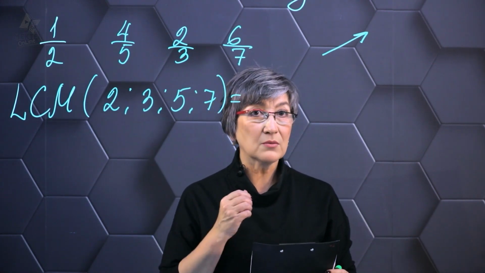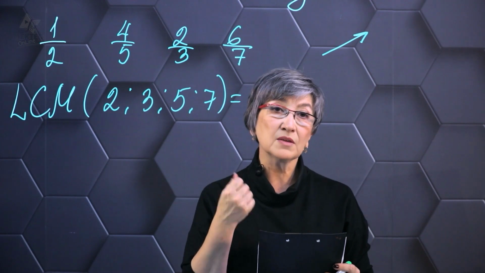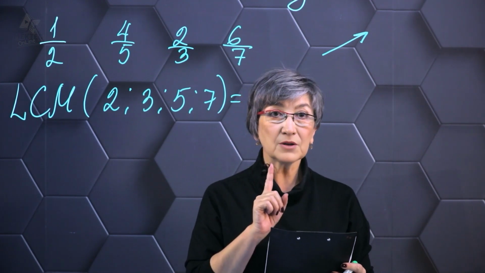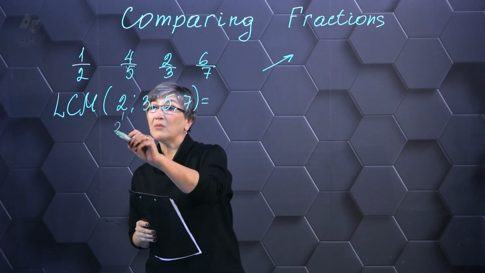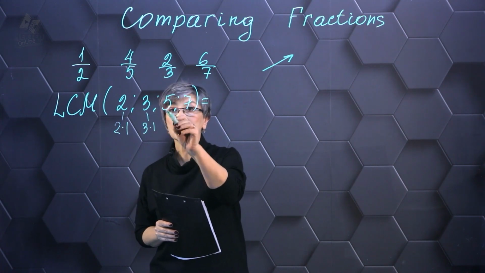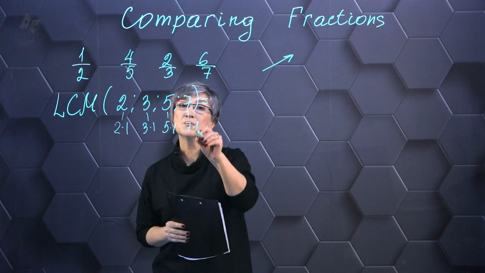So what do we do? We can just count, but that would be a very long way to go. So what do I suggest? I want you to visualize that 2 is just 2 times 1, and 3 is just 3 times 1. 5 is just 5 times 1, and 7 is just 7 times 1. Why did I write that out?